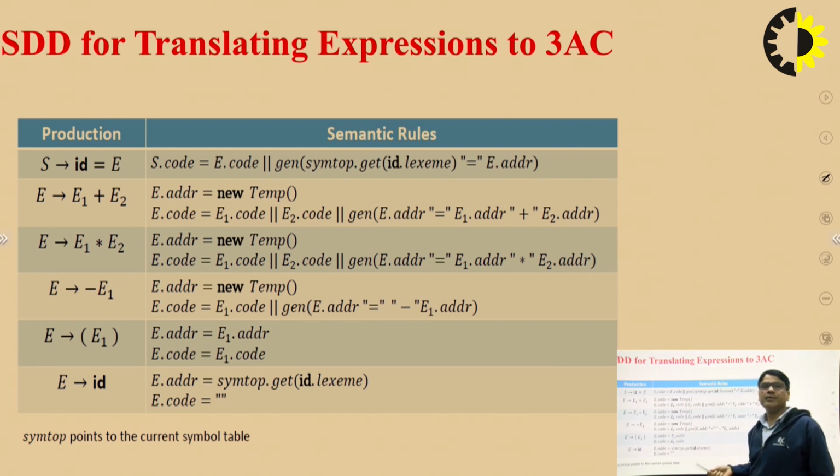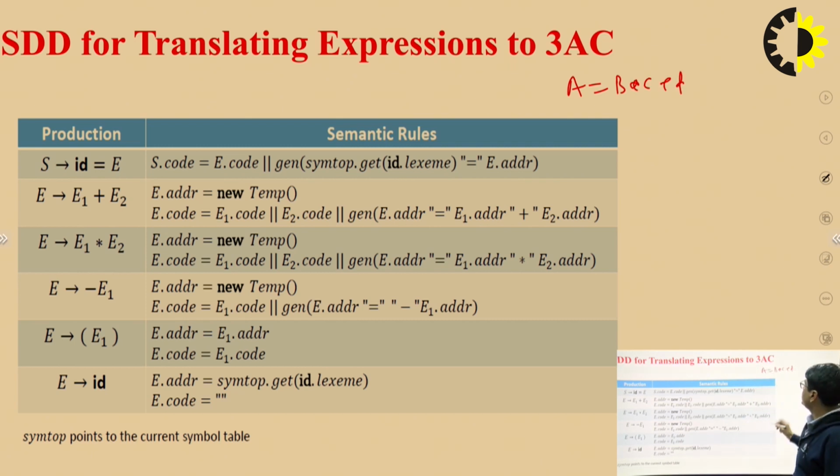So what we have to do, if you are writing any intermediate representation, like I am telling you, we try to calculate this. What we are doing: T1 equals B into C. Firstly, we have to create a new temporary variable, because multiple expressions are there and we cannot directly use that.